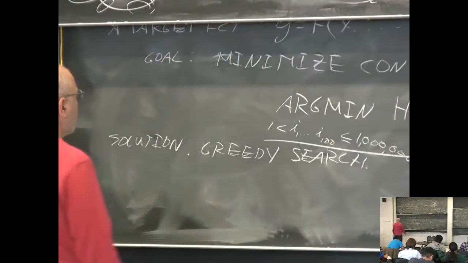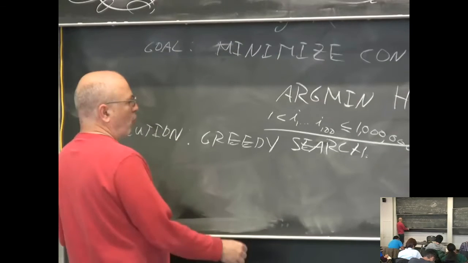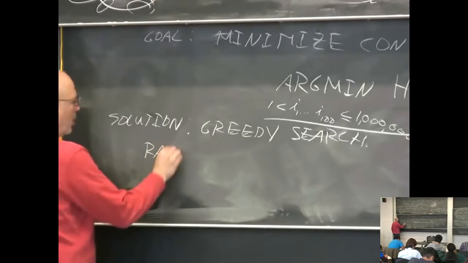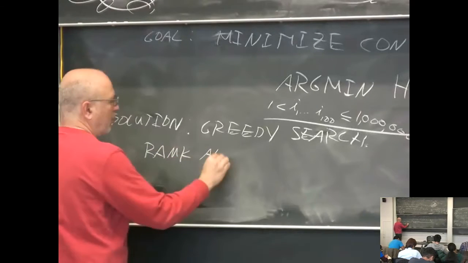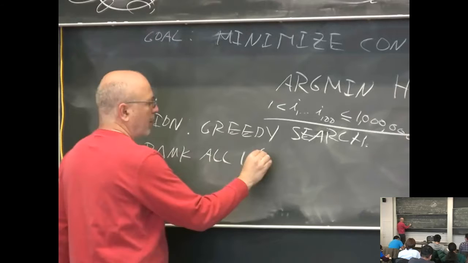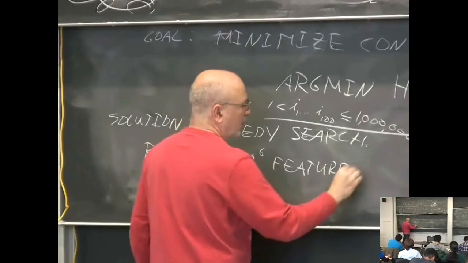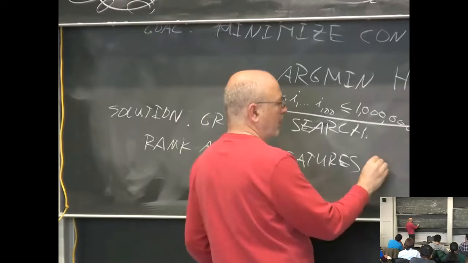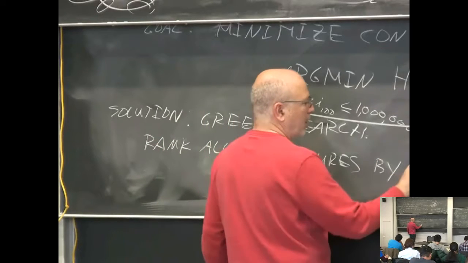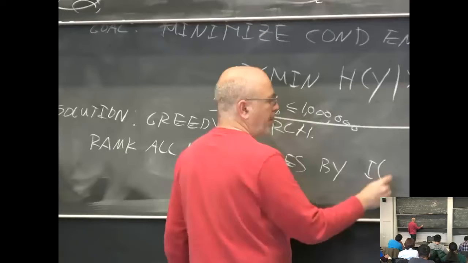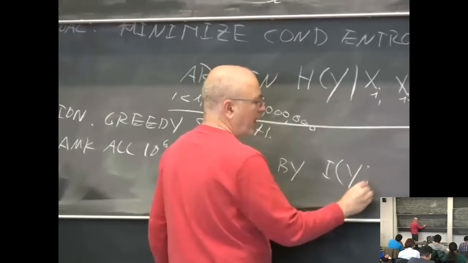For example, we can rank all 1,000,000 features in terms of the mutual information between Y and that feature.